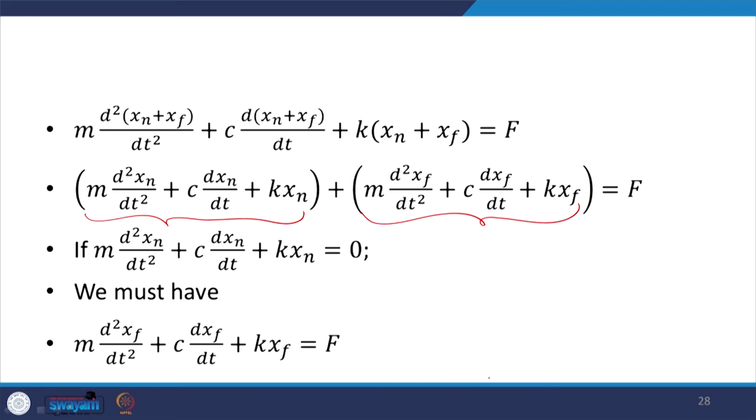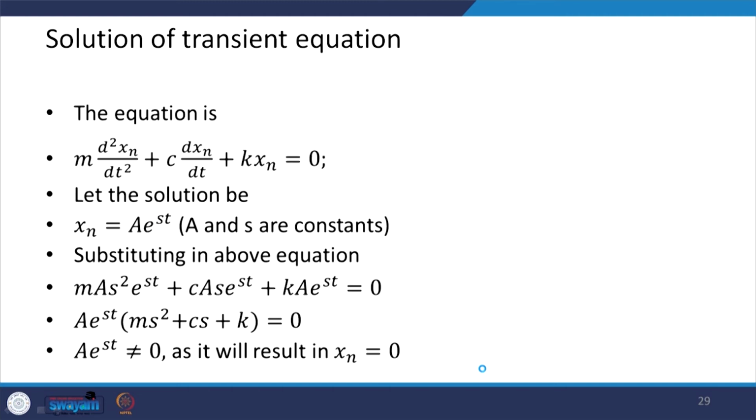So, this part we can equate to 0, which will give the natural response, and this part will be equal to this one, and that will give us the force response. If we look at the solution for the transient equation, that is for the natural response, I can take x n is A e to the power s t as the solution, and if I substitute it back over here, I get this one.